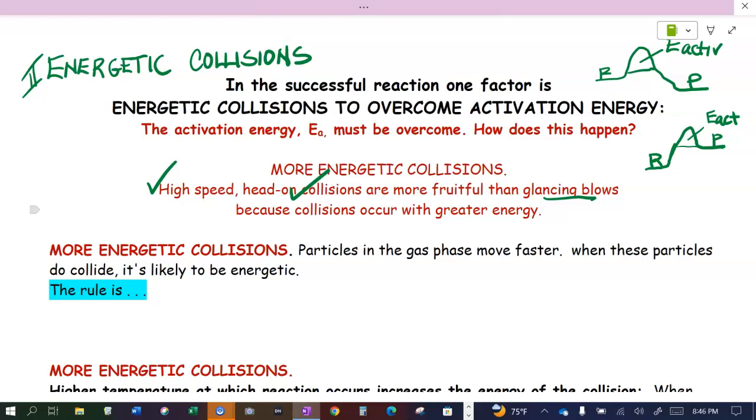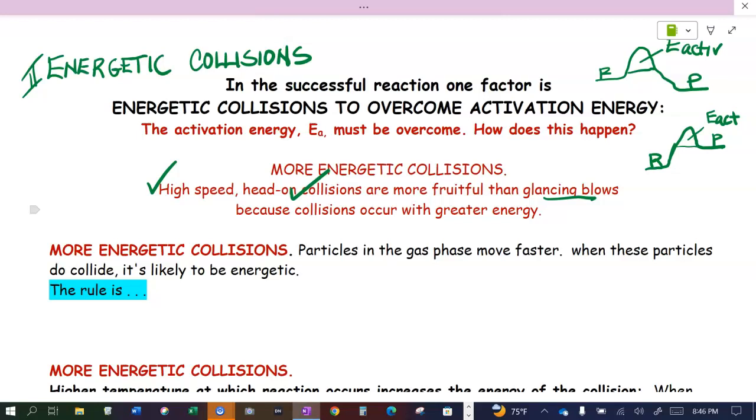So a head-on collision with another person in the hallway is a much deeper kind of collision than just having a glancing blow when your elbow hits somebody else's side. All right, so we're talking about fruitful collisions that are energetic, genuinely colliding.